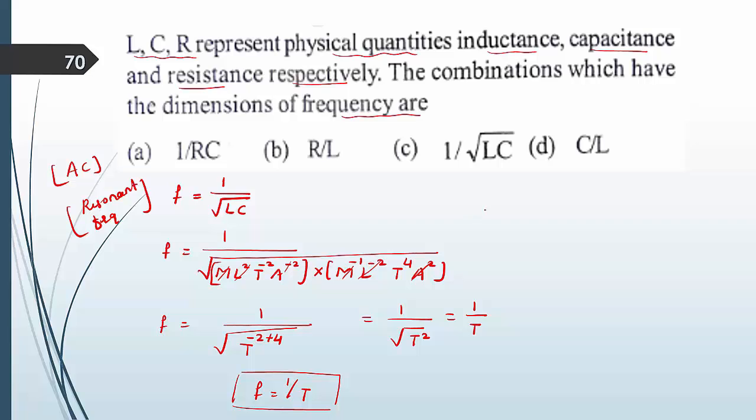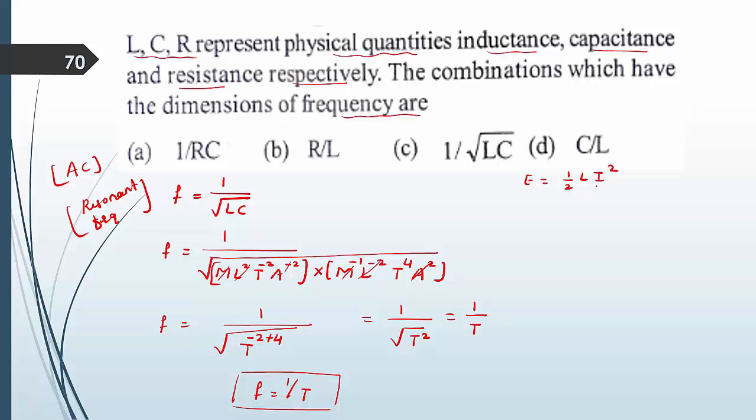You can observe here, we have the equation in inductance: E equal to half L I square. Here E indicates energy. Energy stored in an inductor is E equal to half L I square. This equation you are going to study in the chapter Electromagnetic Induction.